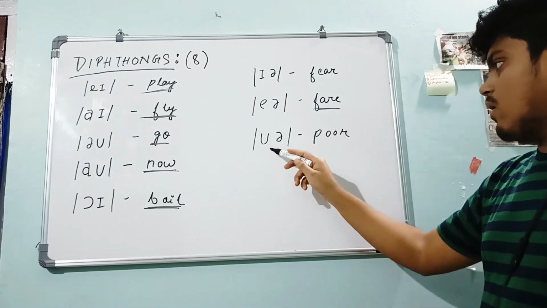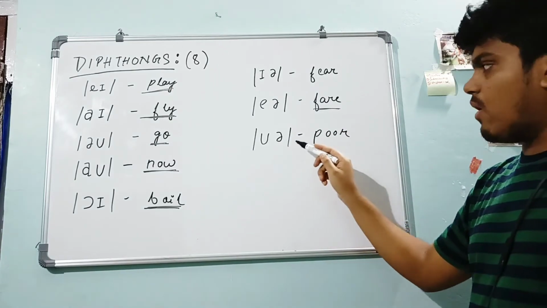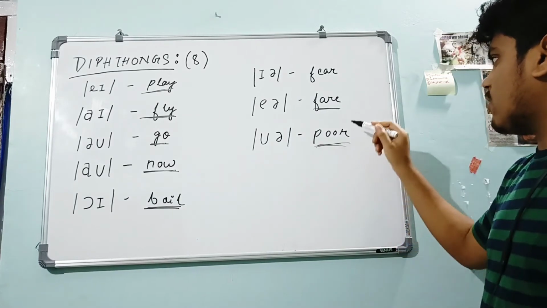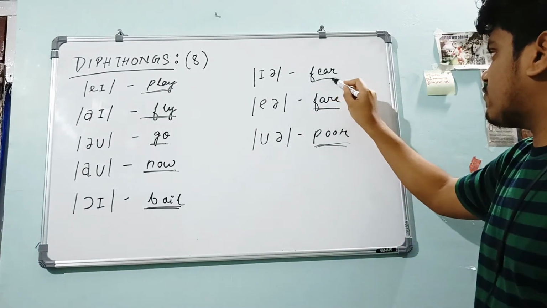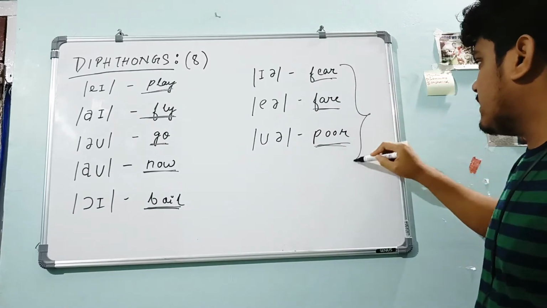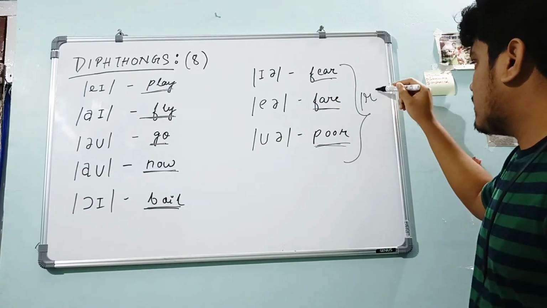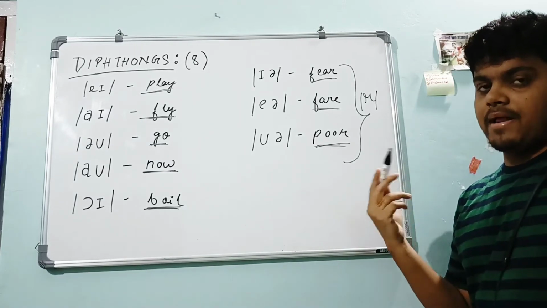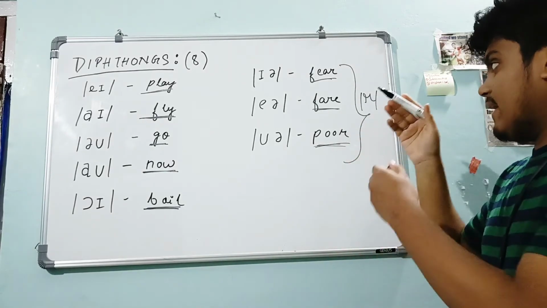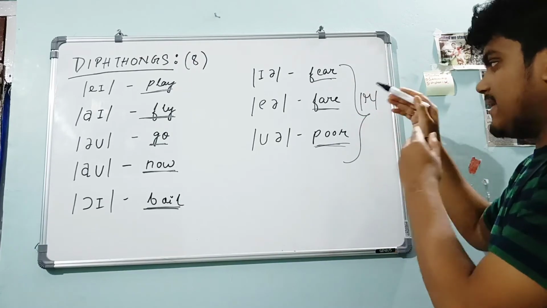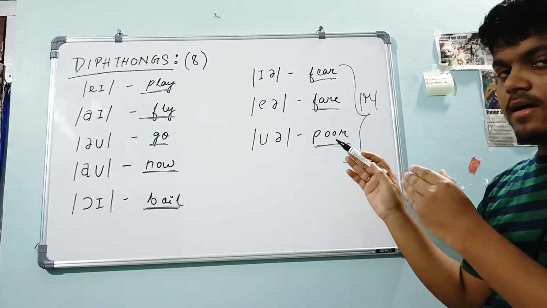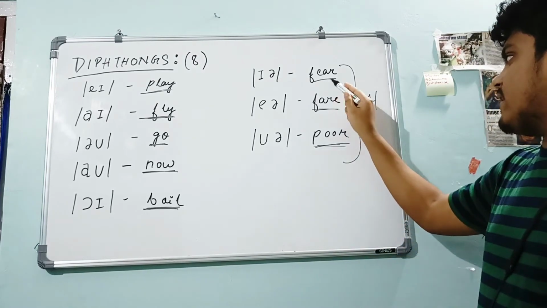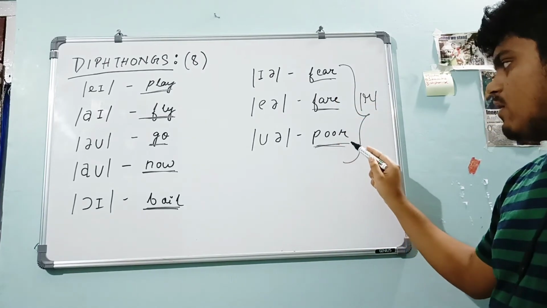Then we have oor, represented by the word poor. These three sounds have one common factor: the R sound is not exactly pronounced as it is represented in the word. We have fear, fair, poor.